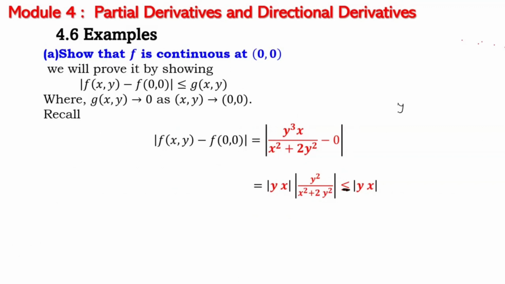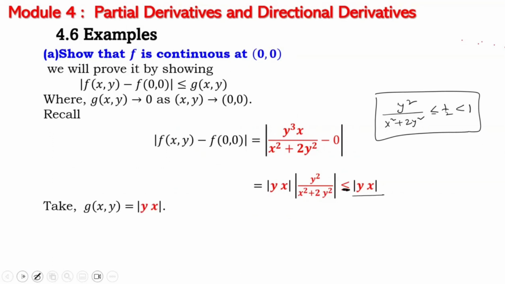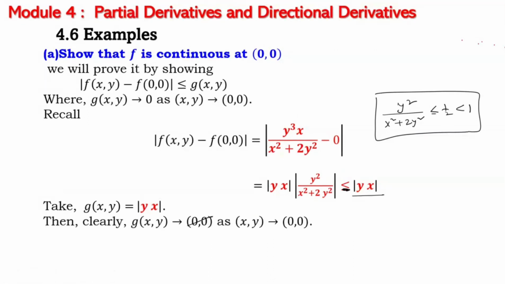By the same logic as we saw in the previous example, y^2 over (x^2 + 2y^2) is less than or equal to half, and less than 1. So we'll take this as g, so g(x,y) equals yx. Then we'll see that g(x,y) tends to 0 as (x,y) tends to (0,0), and from there we'll say that f is continuous at (0,0).